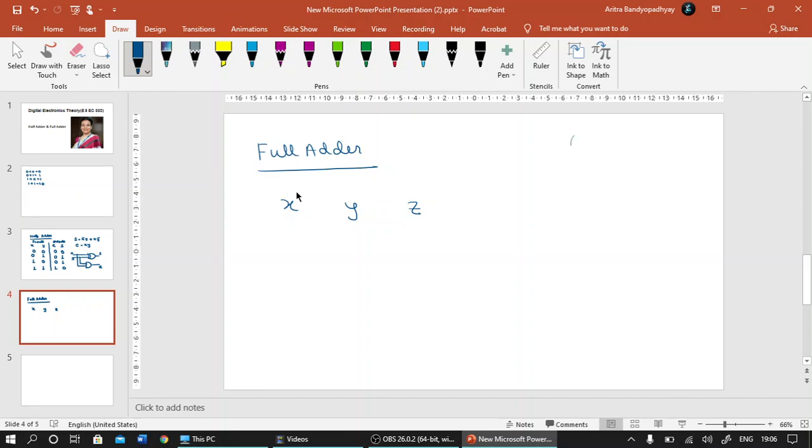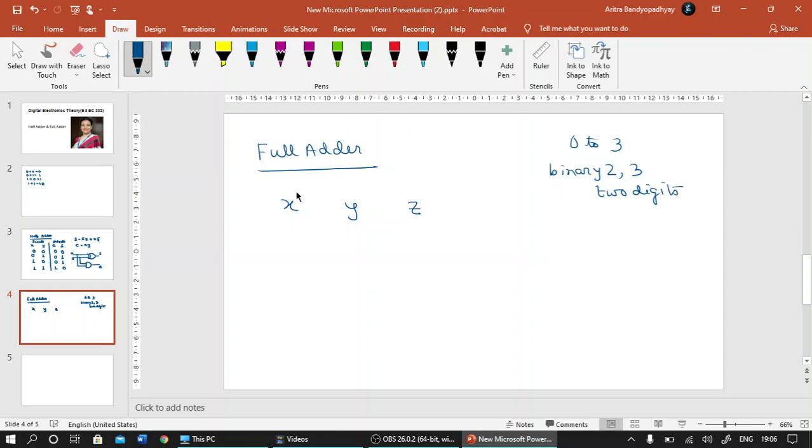and binary 2 or binary 3 requires 2 digits to represent. So binary 2 or binary 3 needs 2 digits.